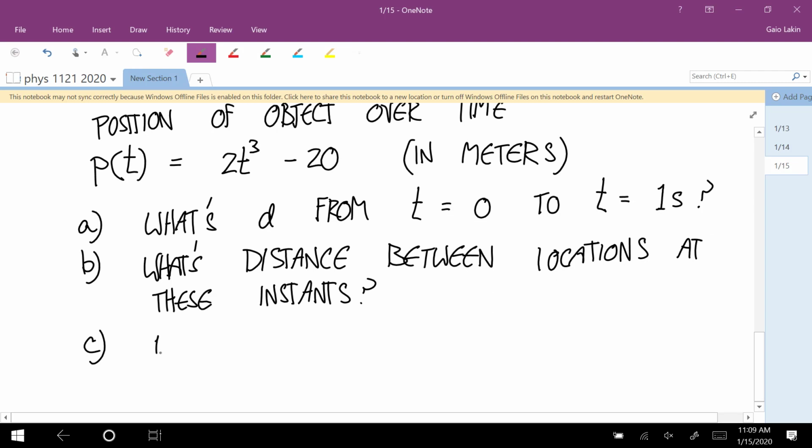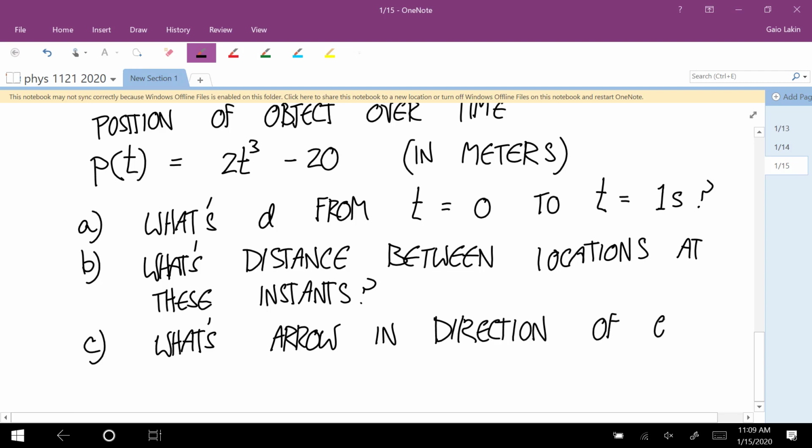And third, what direction is the arrow in the direction of the object's net motion?